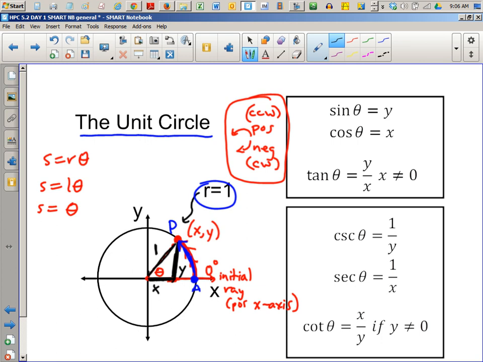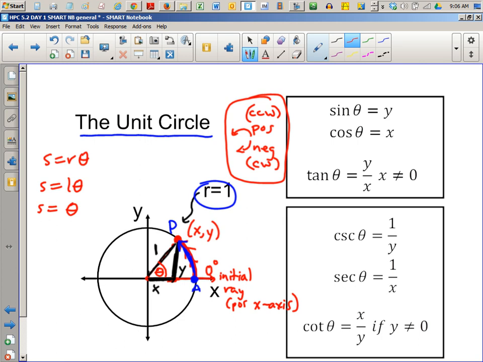So what is the connection between x and y and theta and r and all of these different things? SOHCAHTOA. Sine of theta is opposite leg. So I'm pointing to theta right now. It's right there, the origin. What is the opposite leg?